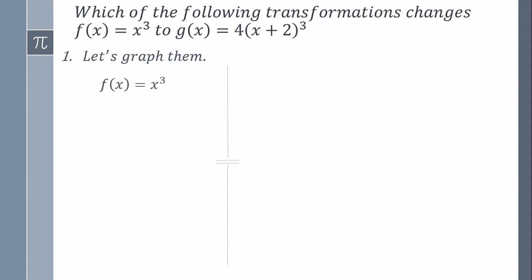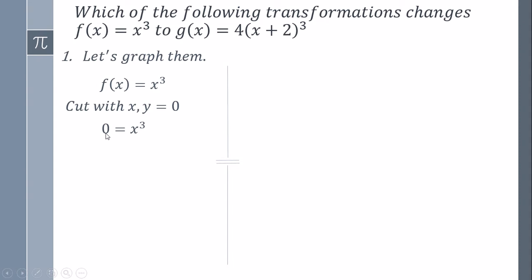The first function is x cubed, and the first thing I'm going to find is the cut with x, which means when y is 0. So instead of f of x, which is y, I put 0.